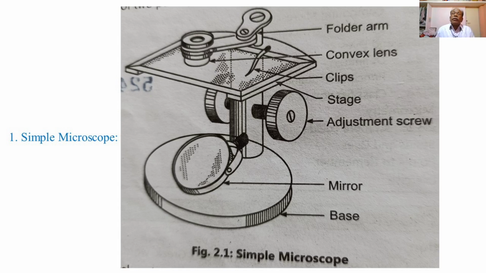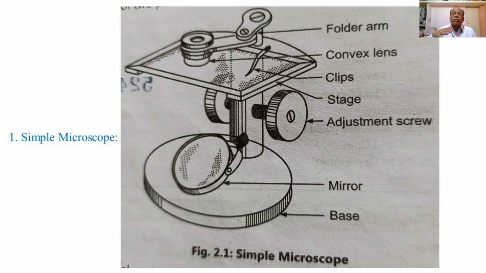Usually a convex lens is used; one, two or more convex lenses can be used so as to increase the magnification of the object or the study material. So this is a figure showing a simple microscope provided with a mechanical part and the optical part.